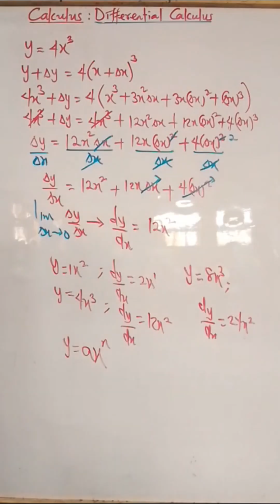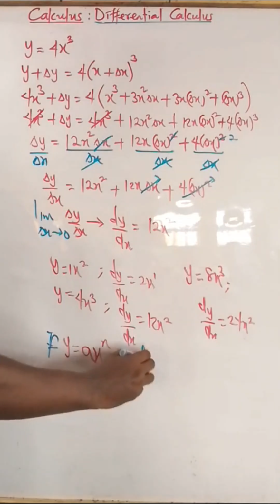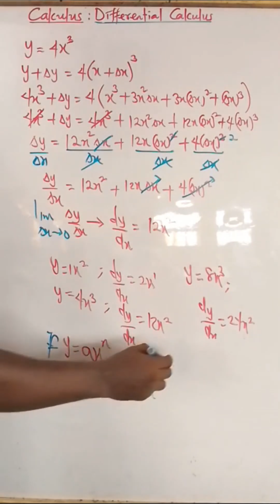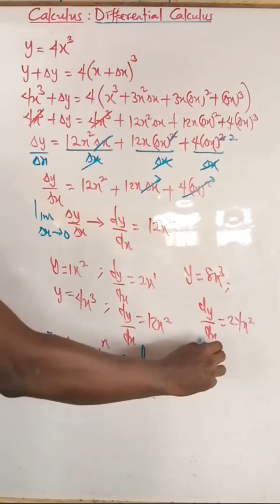If it has 4, polynomial. So if you have any polynomial of this form, if y equals ax all raised to power n, it implies that dy dx equals a times n times x to power n, then from n remove 1, n minus 1.